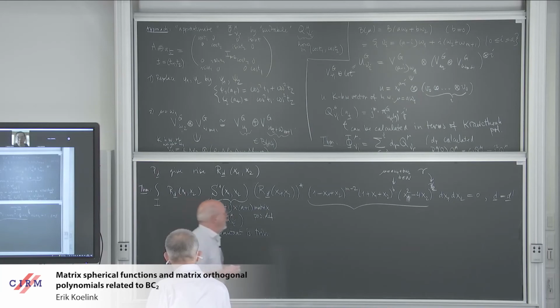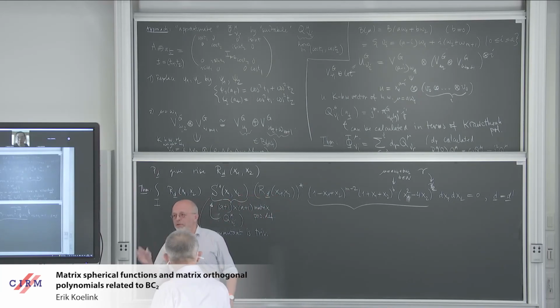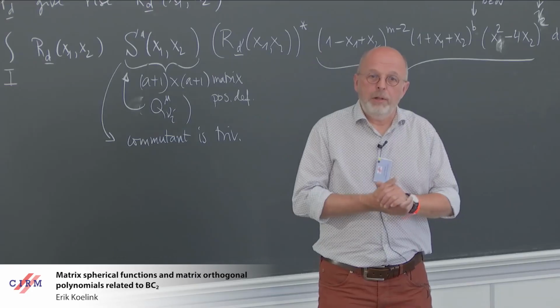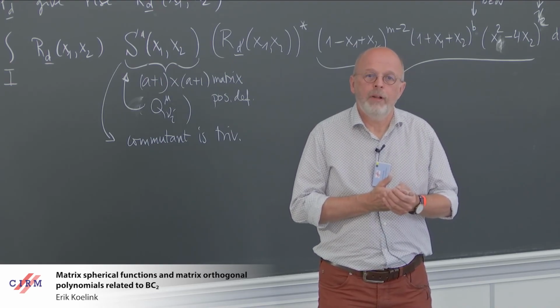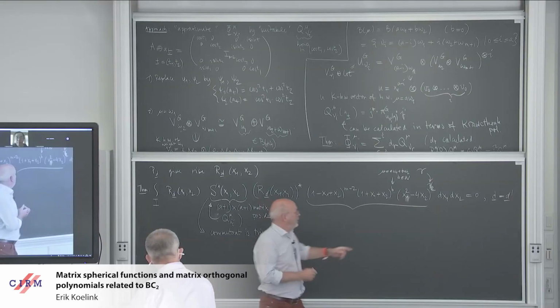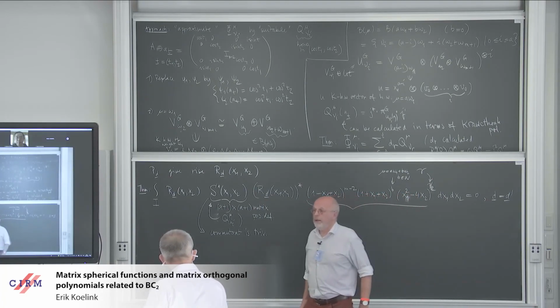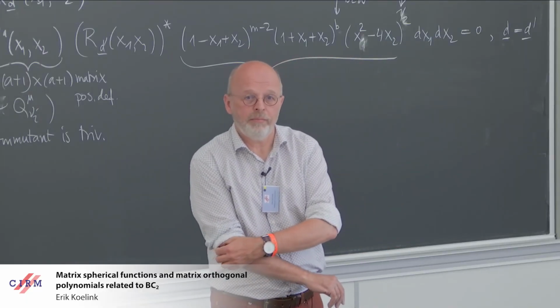Of course, you also need to keep track of some Jacobians, so there are powers of 2 and stuff like this, but you can make it explicit. So the diagonal entries have some reasonable product formula in terms of dimensions? Yes, exactly. These are all dimensions of representations.